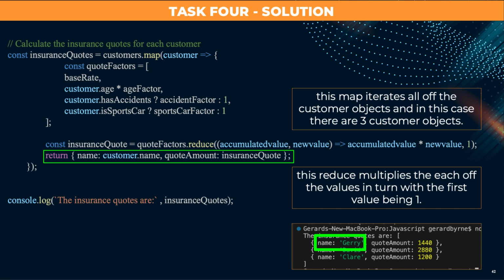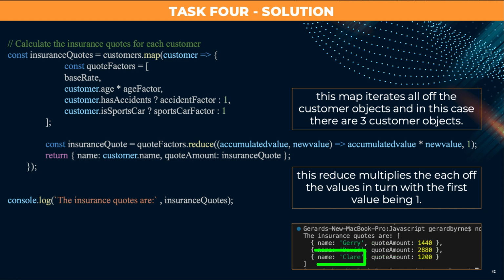So it's going to give me name, Jerry. Then it's going to give me the quote amount. So it will be 1440 for the first one. Then it goes up and does the second of the objects, and that will be customer name David, and the quote amount will be 2880.